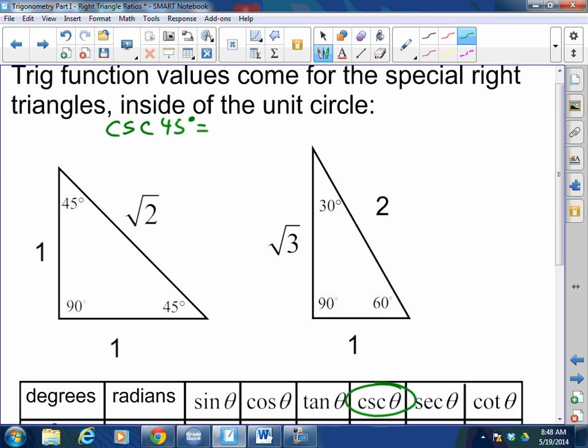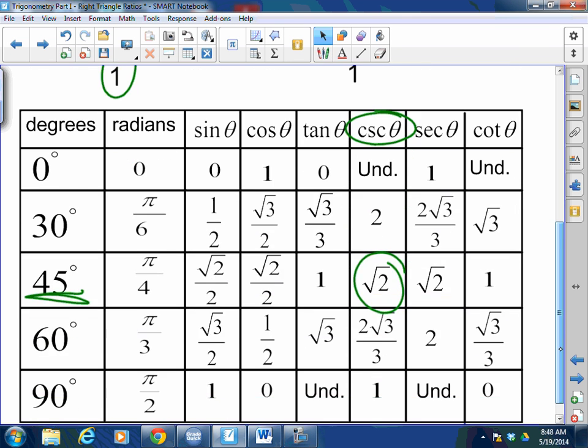Sine is opposite over hypotenuse. So the cosecant would be the reciprocal, hypotenuse over opposite. So you ready? From 45, hypotenuse over opposite. That's how I got the square root of 2. Does that make sense, boys?